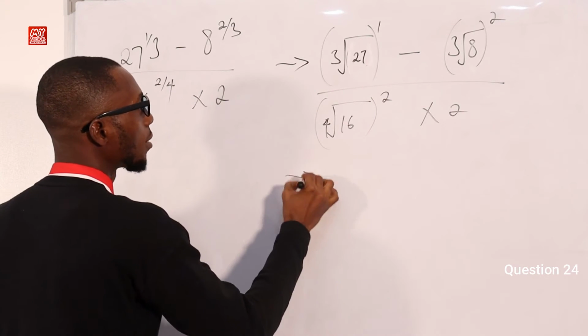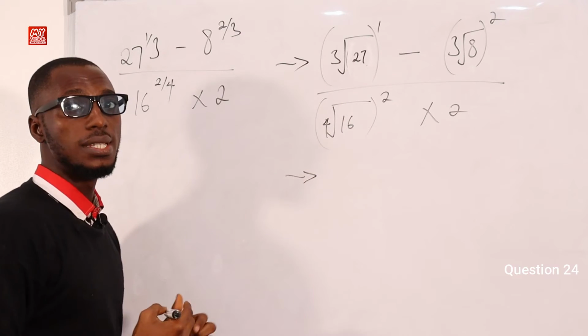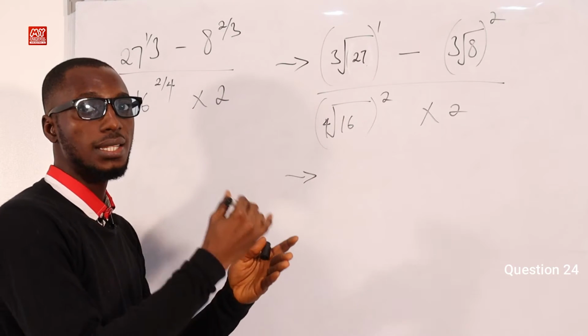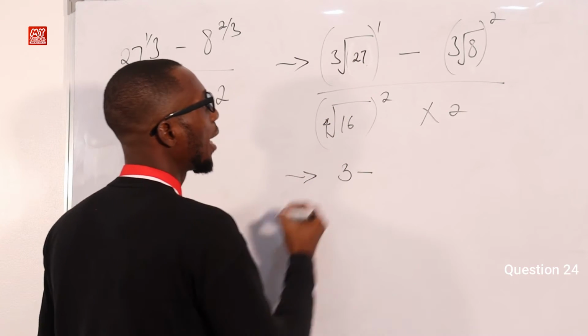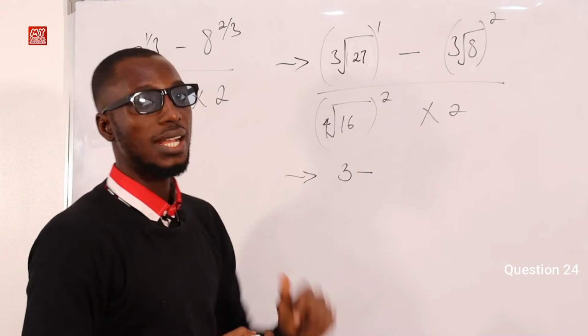So what do we have next? The third root of 27 is 3, because 3 times 3, 9, 9 times 3, 27. 3 raised to power 1, we still have 3, minus, the third root of 8 is 2.